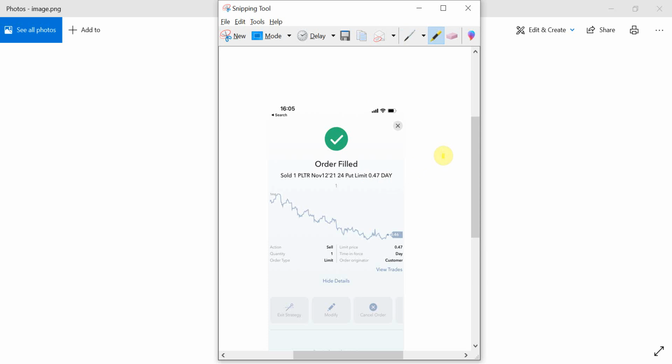So I've sold one Palantir expiring on November the 12th at the 24 strike, and the premium I gained was 47 cents per share. Now, because I sold one contract, which is 100 shares, the amount of money I made, or credit I received, was $47. So I got $47 added instantly into my brokerage account.